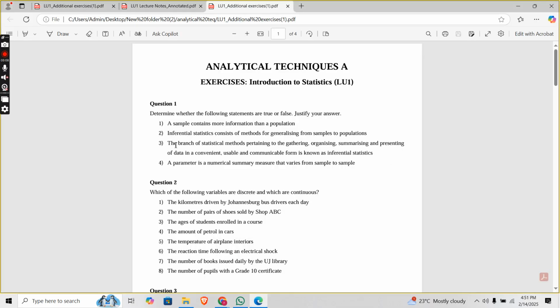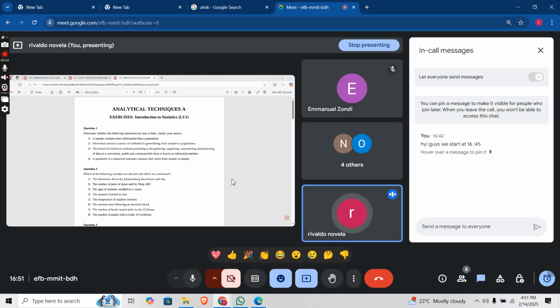Number 2 says: inferential statistics consists of methods for generalizing from samples to populations. Inferential statistics consists of methods for generalizing from samples to populations. Anyone who wants to answer that one? Just raise your hand and try.